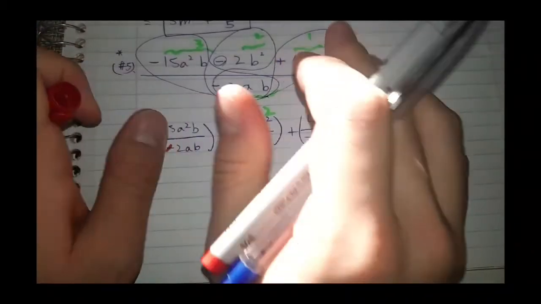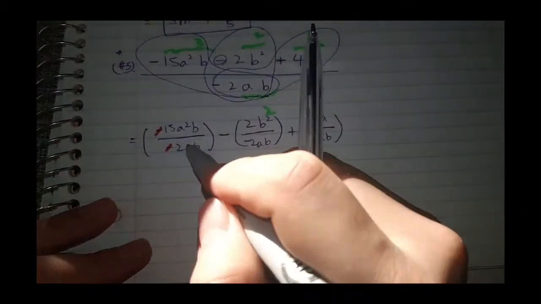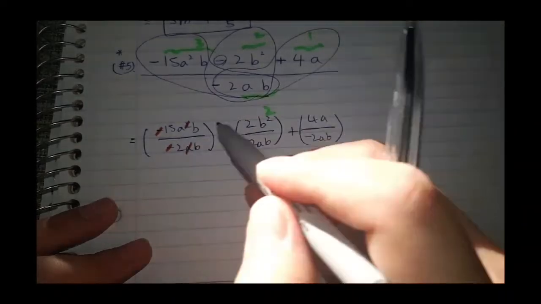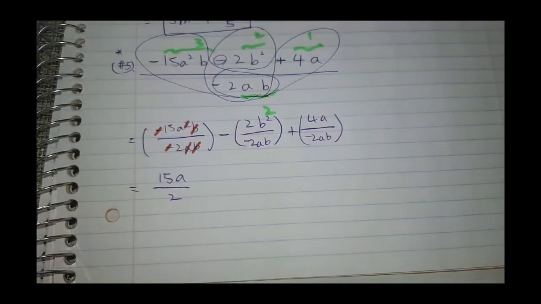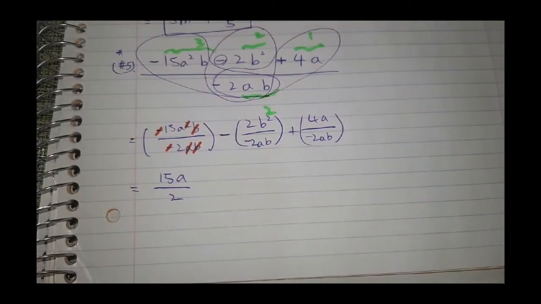A squared over a, that's a to the power 2 minus 1, so just a on the top. B and b cancel each other. So the first term turned out to be 15a over 2. Don't make it into a mixed fraction, because in high school, as soon as you go to this section, you will know that everything is either proper or improper.